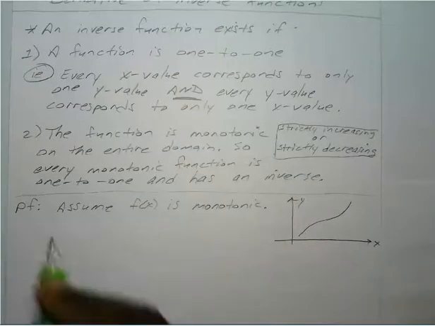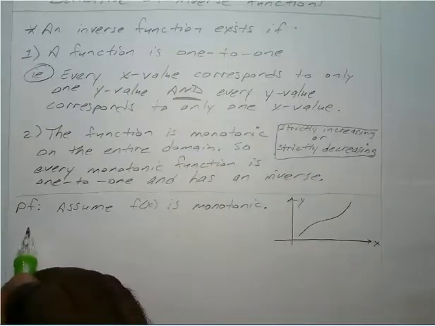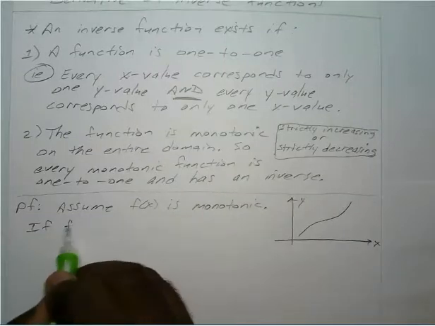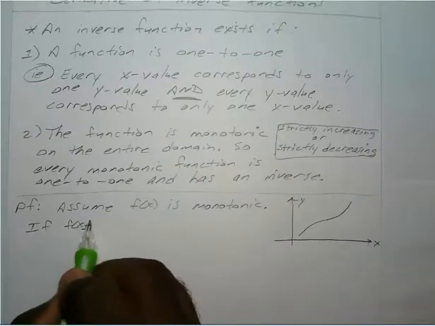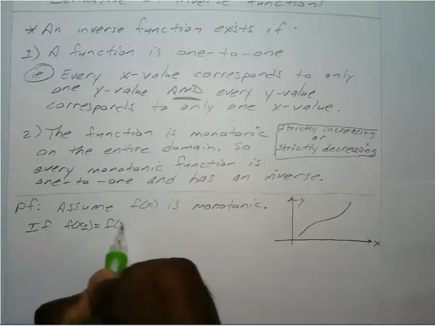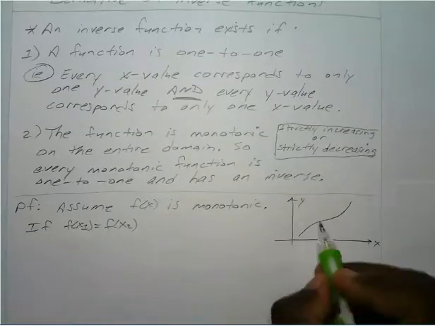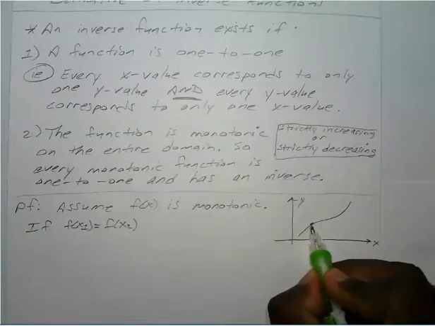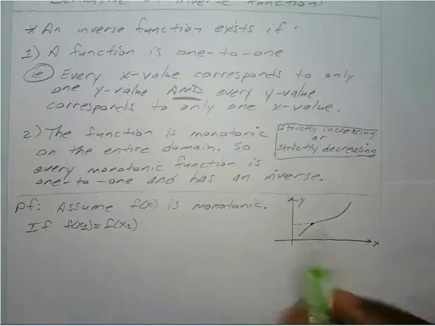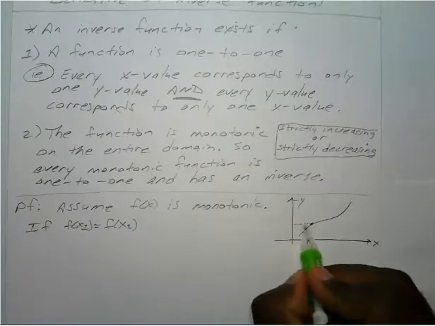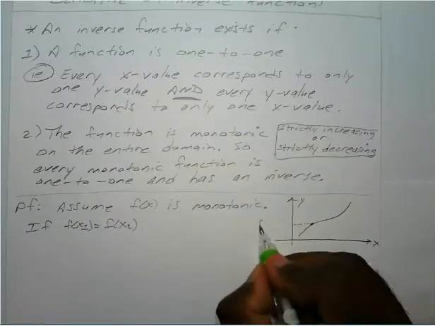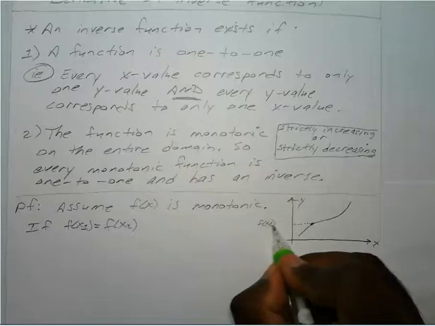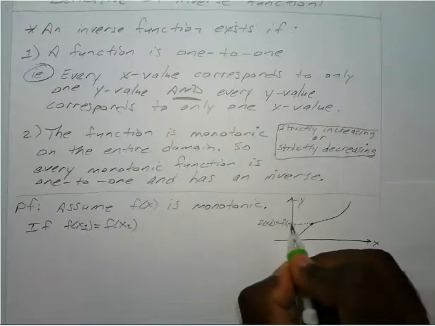What we're going to do is let f of x1 equal f of x2, or you can say y1 equals y2. So somewhere on that y-axis, f of x1 and f of x2 is the same point. Let me clean that up a little bit. So f of x1 equals f of x2.